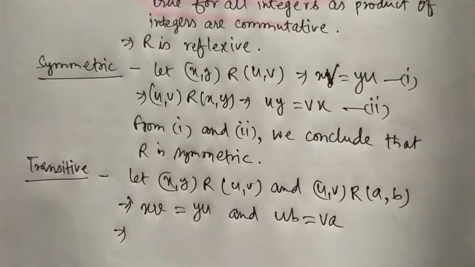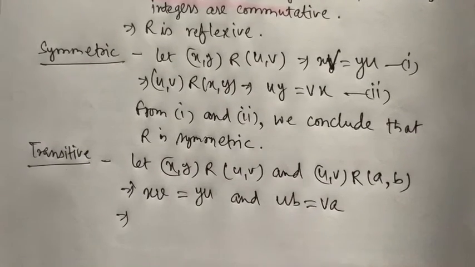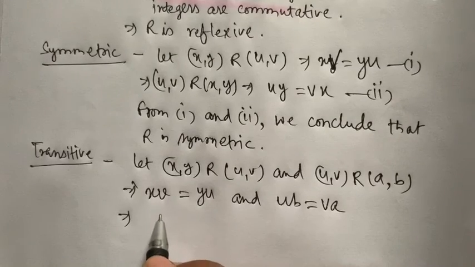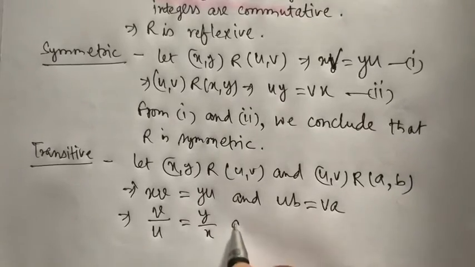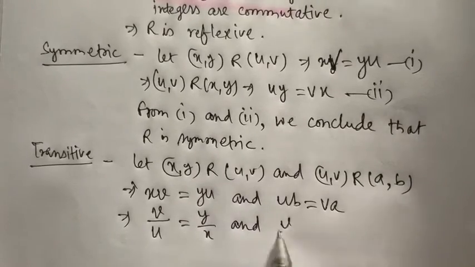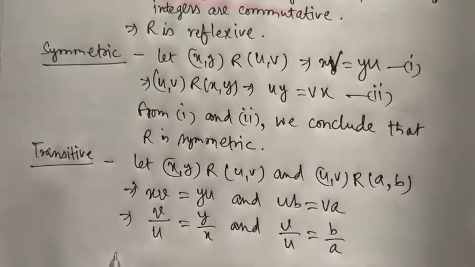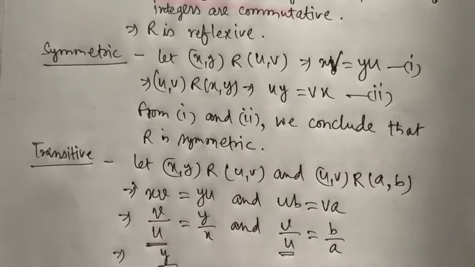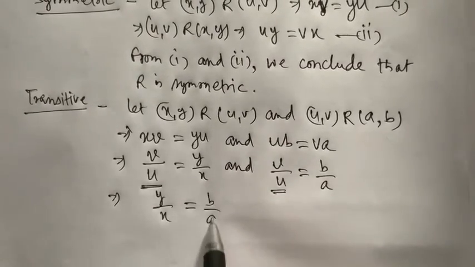Now we want to know whether (x, y) is related to (a, b). To do that, we need to eliminate u and v from both the equations. How can we remove u and v from these two equations? It will be v by u is equal to y by x, and from here again v by u is equal to b by a. Now we will equate them as these two are same. So it will be y by x is equal to b by a.